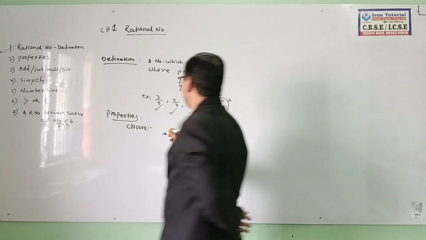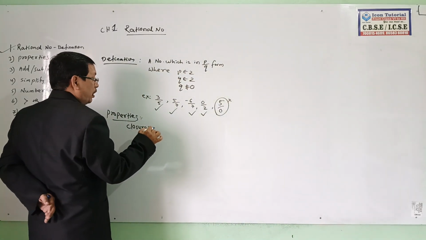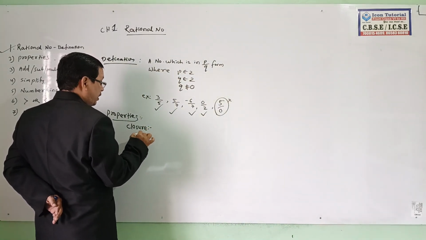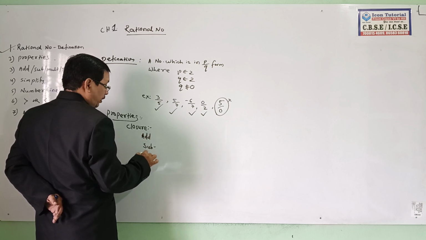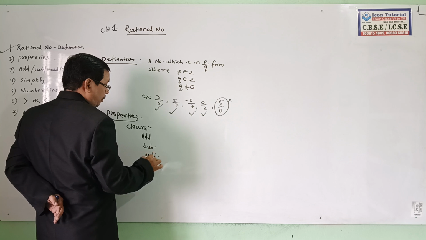So we have closure property for addition, subtraction, multiplication, division.